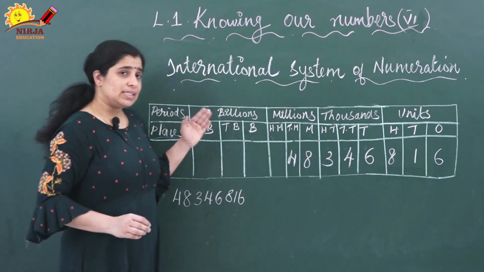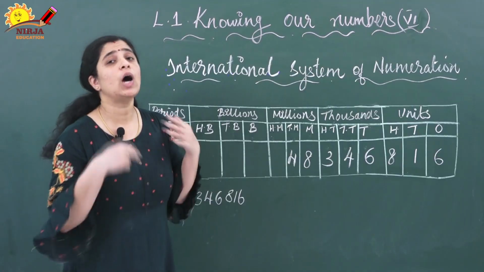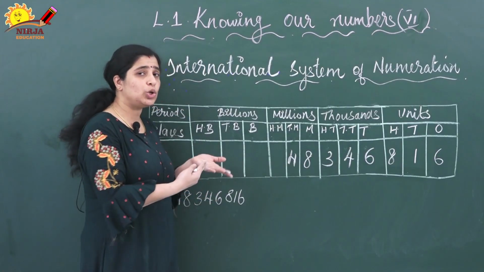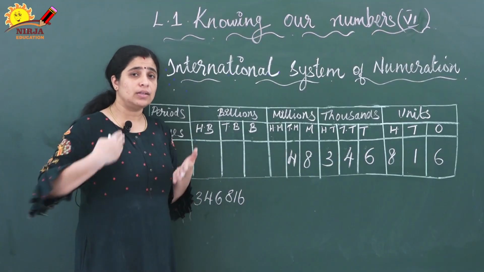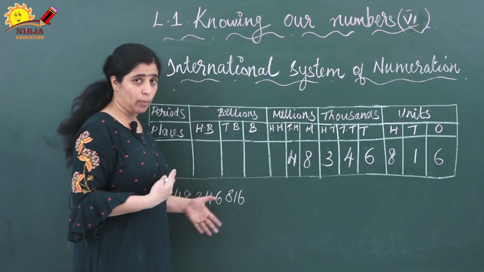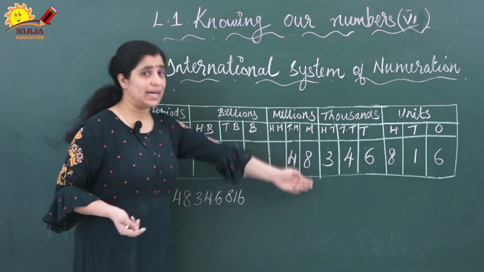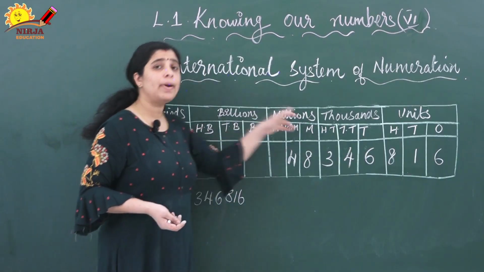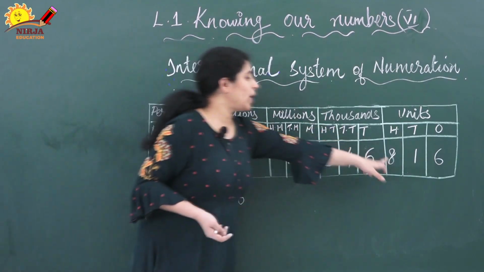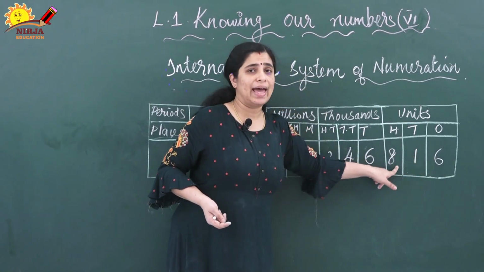Now in the same way we have to separate these numbers using commas. Already I told you that for each period you can add a comma. Here, after 3 digits, from the right hand side and not the left, you have to separate. One period means how many digits? 1, 2 and 3.